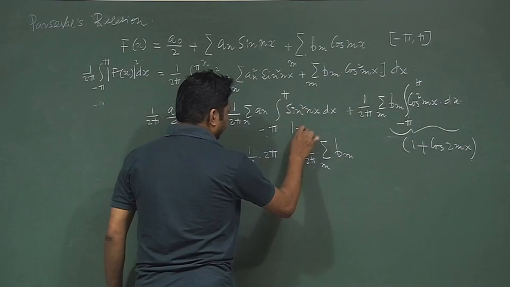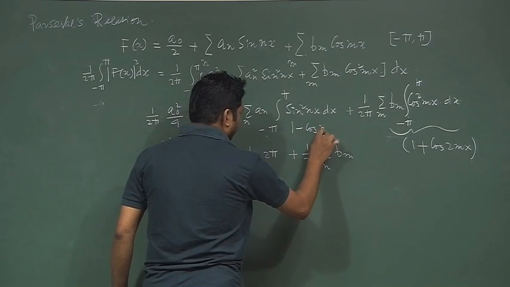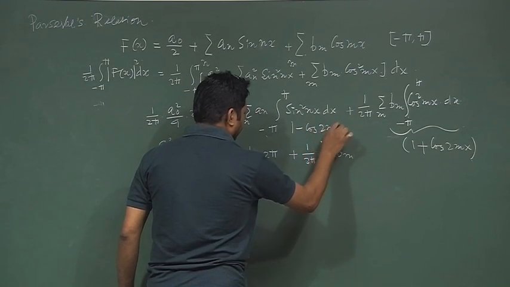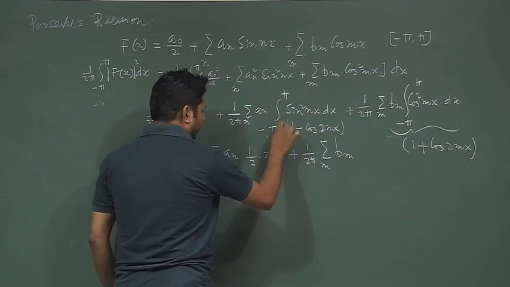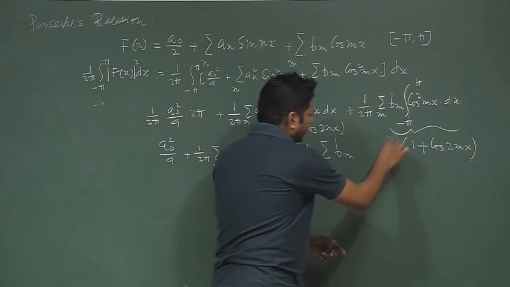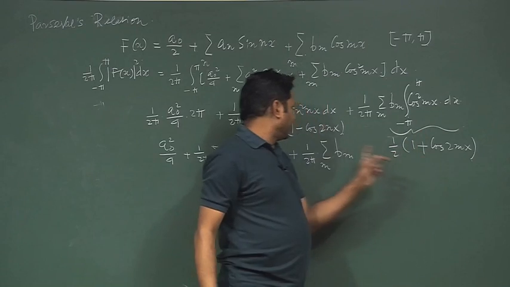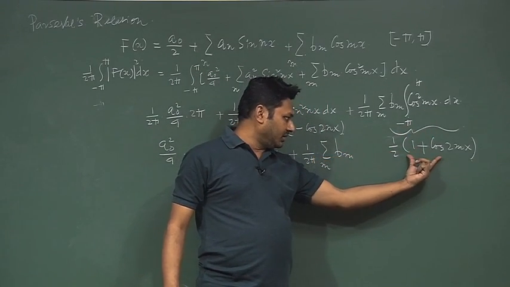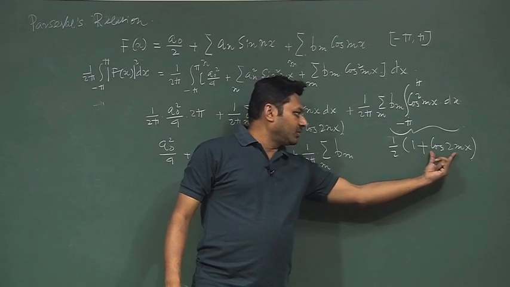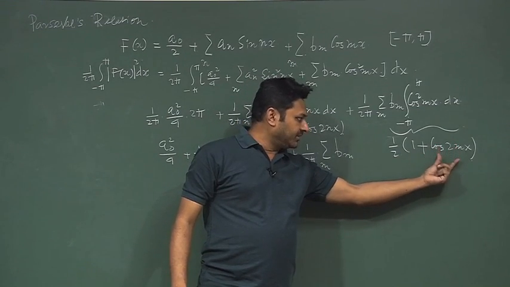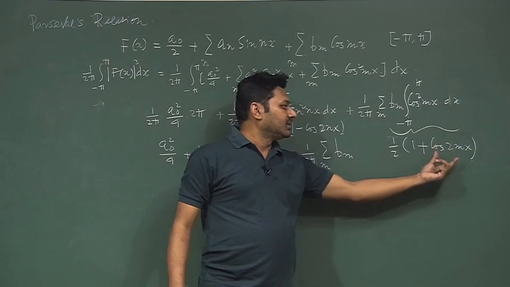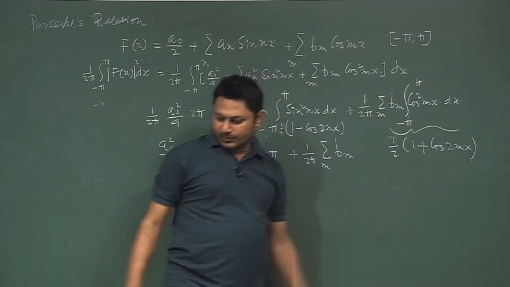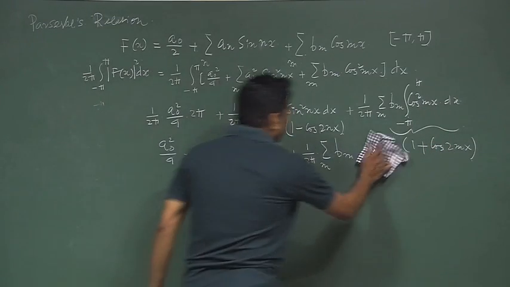Here maybe I wrote 1 minus cos of nx, but it will be cos of 2nx, with a half term. This term is also represented by this half, but the minus sign will be plus because this is a cos square. Straightforward, and when you integrate, this cos will become sine. When it is sine, if you put in the limits, it is going to vanish, only this contribution will be there, and as a result we will have the same thing.